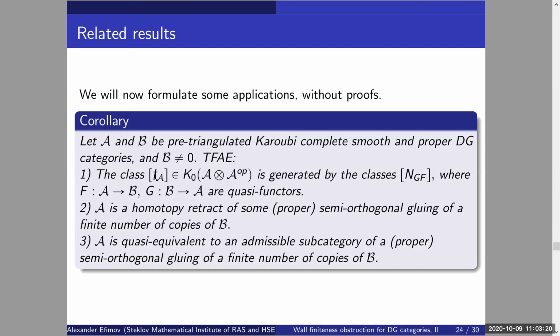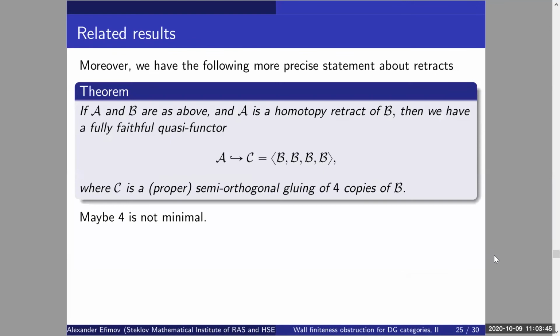If the diagonal bimodule is contained in the subgroup generated by all these compositions through smooth projective varieties, then you can actually embed A into the derived category of a smooth projective variety. If you also apply Orlov's theorem that gluing of several copies of geometric categories is again geometric.